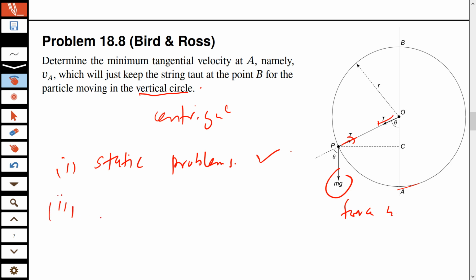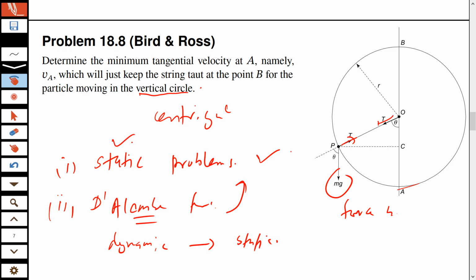Number two, the main focus of this was this D'Alembert force, okay? D'Alembert force. So what that does is that actually you turn a dynamic problem into a static problem, and once you have a static problem, आपको static के सारे force balance, moment balance, yeah, वो सारे आपके fingertips पे होते हैं.